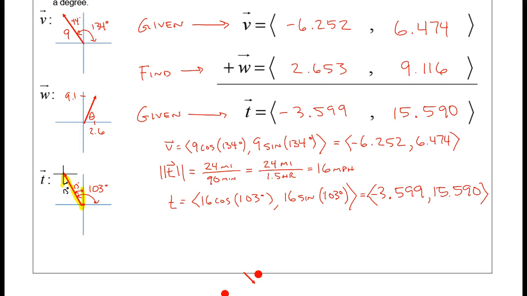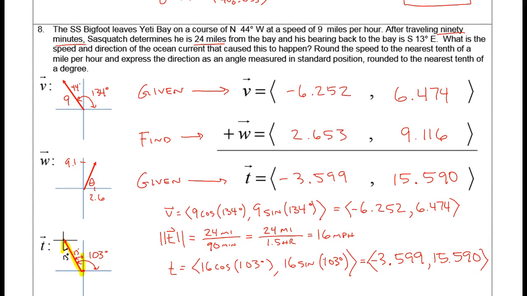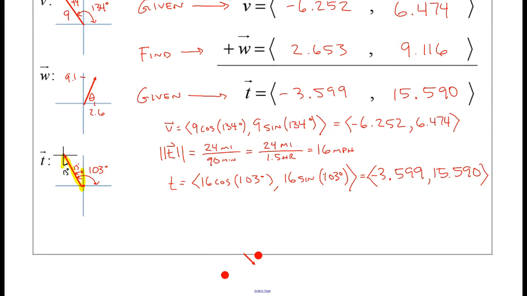So I believe the last thing we're asked to do here is, what is the speed and direction of motion of the current that caused this to happen? Round everything to the nearest tenth and express the direction as an angle measured in standard position. So now we have to find the magnitude of W and the angle for W. And let's go ahead and do that now.